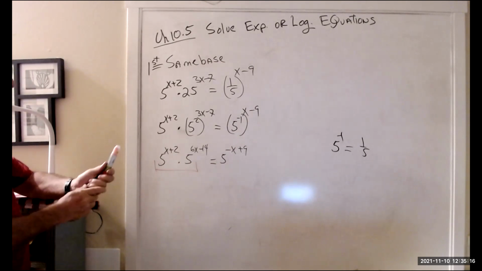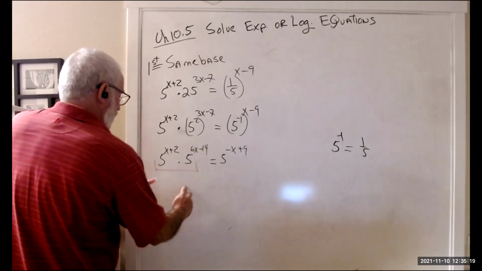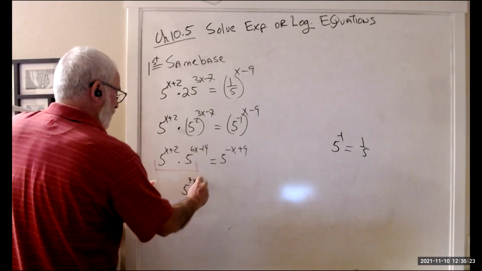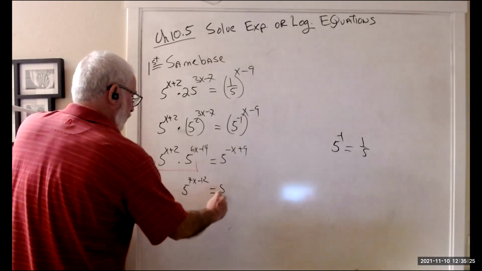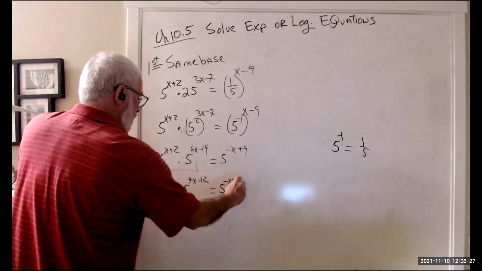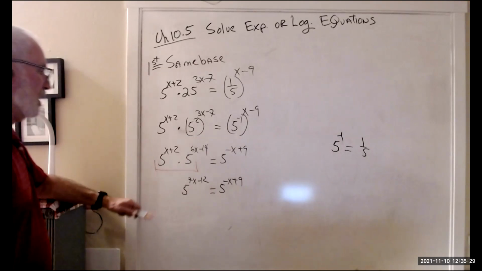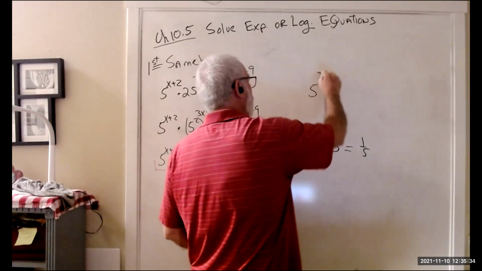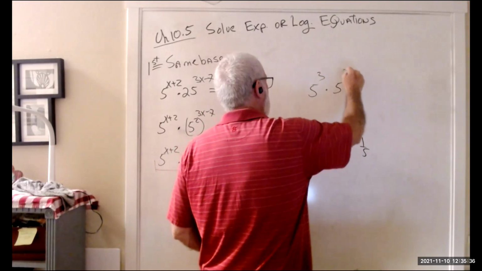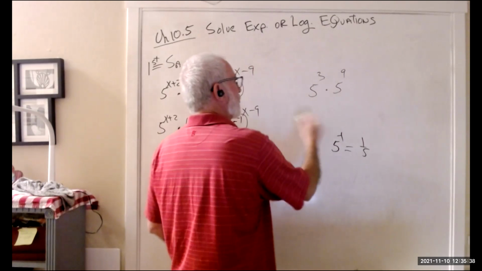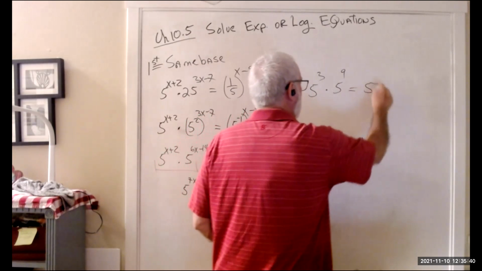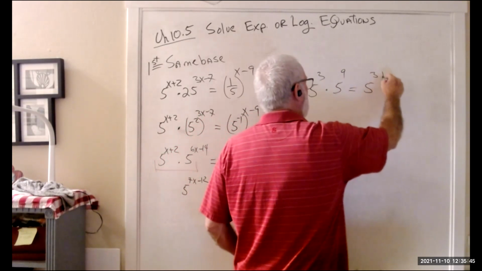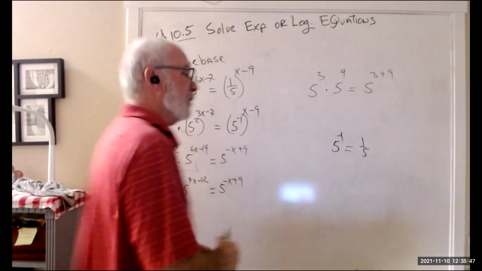And so the way we did that is we said this is 5^(7x-12) equals 5^(-x+9). If we had 5 to the 3 times 5 to the 9, the rule would say we would keep the base 5, add the powers 3 plus 9. Well, that's all I did here.